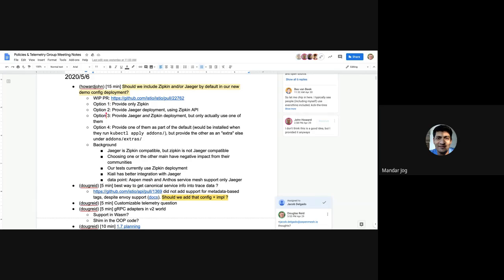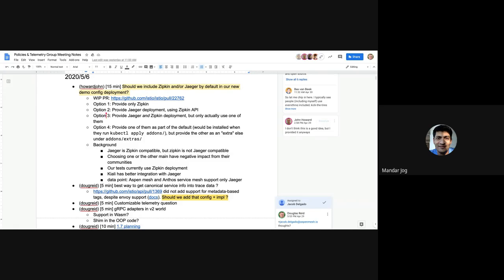Because I agree, we don't want people to start with this question when they haven't even thought about tracing yet. However, if someone has thought about tracing and they want to test it out with Zipkin or Jaeger or whatever the opposite of the default is, then it should just be in the doc.